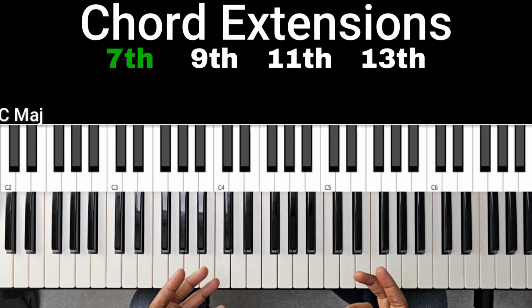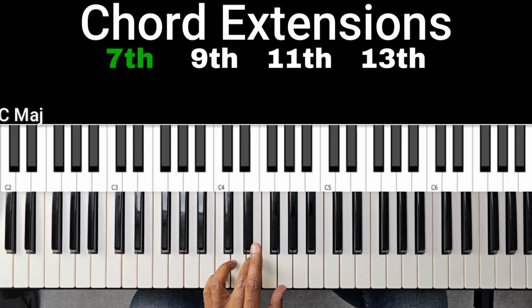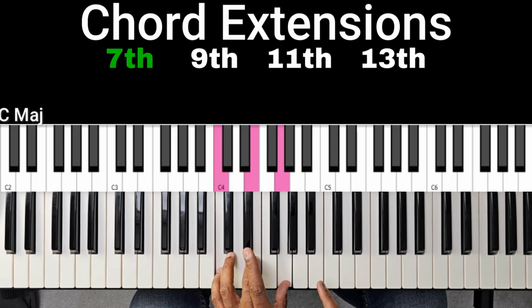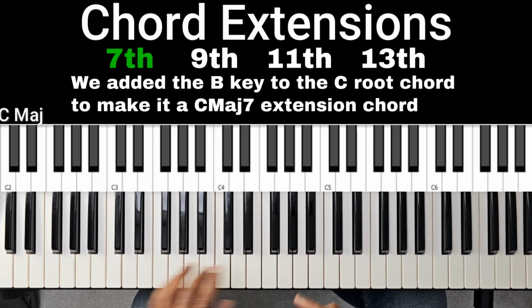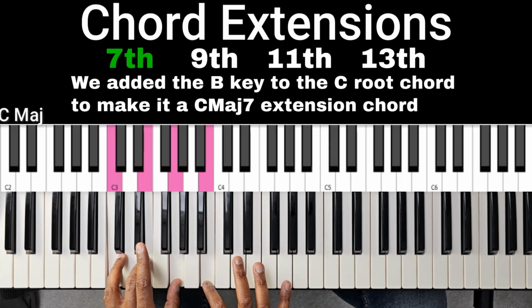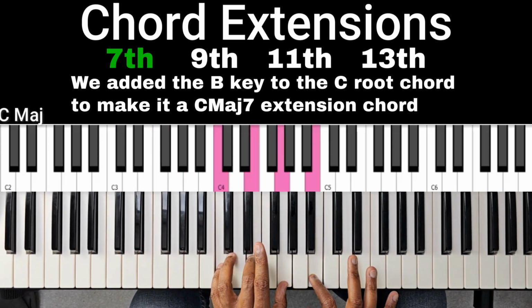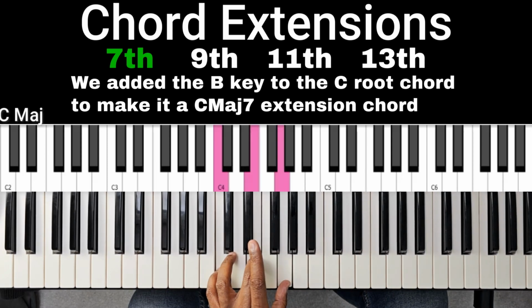And we talked about the 7th in our earlier lessons. So if that's the root, remember we added this to make it a C major 7th. And that's an extension, because it's an extension of this C triad. So C, we go by thirds.